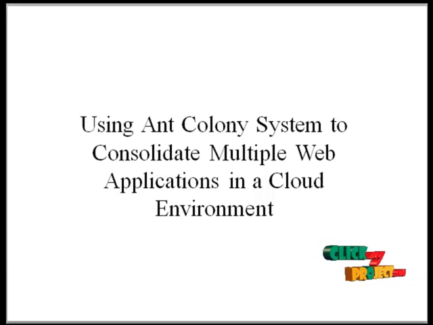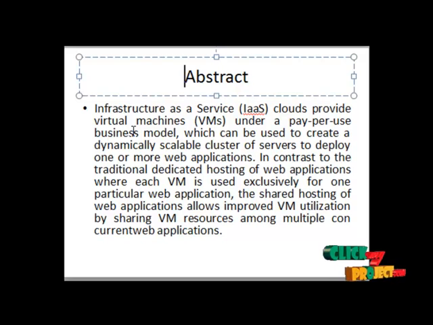Now we will discuss using an add-ons system to consolidate multiple web applications in a cloud environment. The infrastructure as a service cloud provides virtual machines under a pay-per-use business model, which can be used to create a dynamically scalable cluster of servers to deploy one or more web applications.